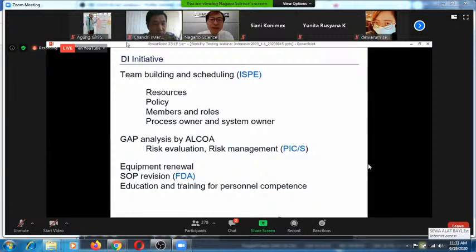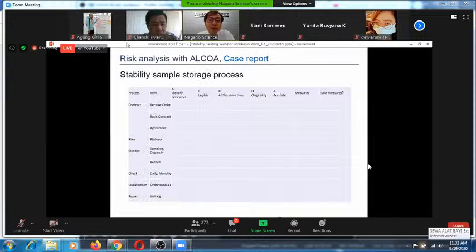This is a simple example of an alcohol analysis case report. Sometimes the recorded data can be printed out several times.